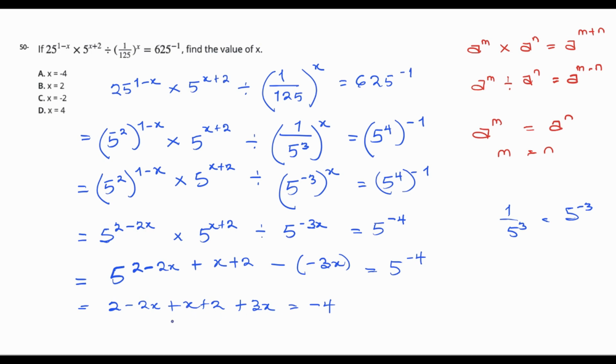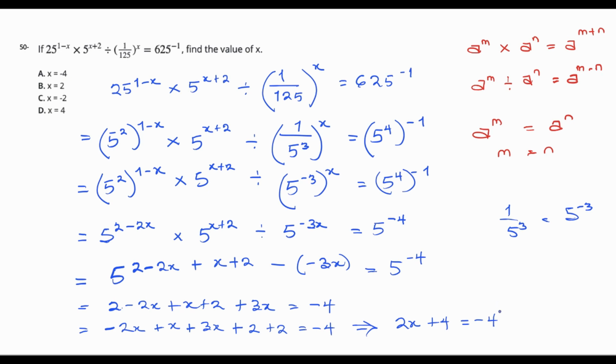So if we collect like terms here, we'll have that this is equal to minus 2x plus x plus 3x, which is what we have here, plus 2 plus 2 equals minus 4. So minus 2x plus x is equal to minus x. Minus x plus 3x is equal to 2x. 2 plus 2 is equal to plus 4. And that is equal to minus 4.